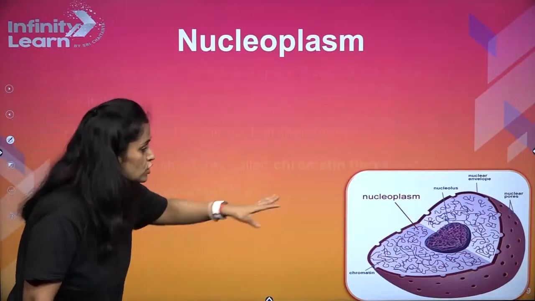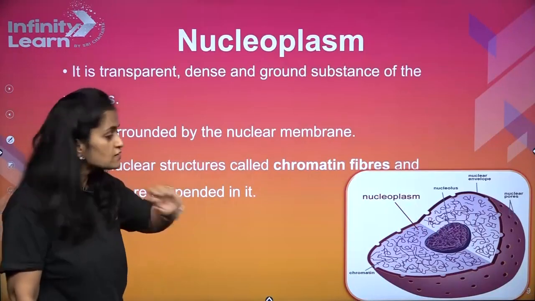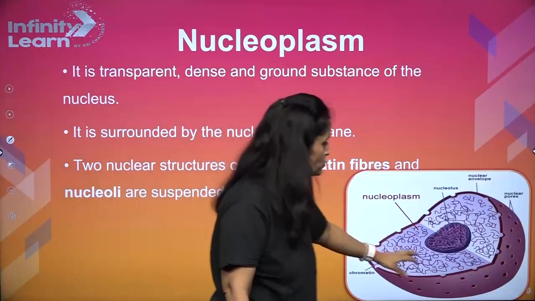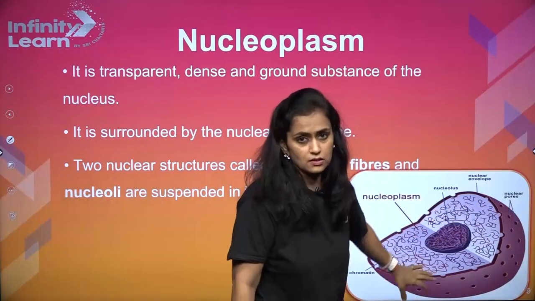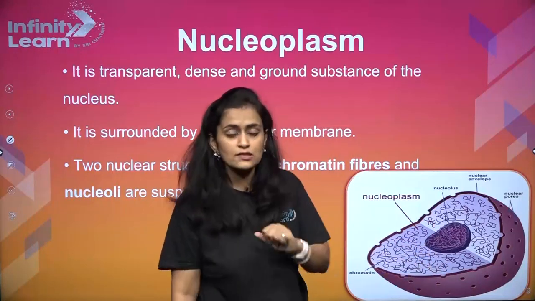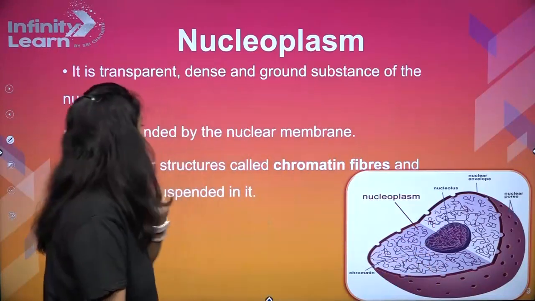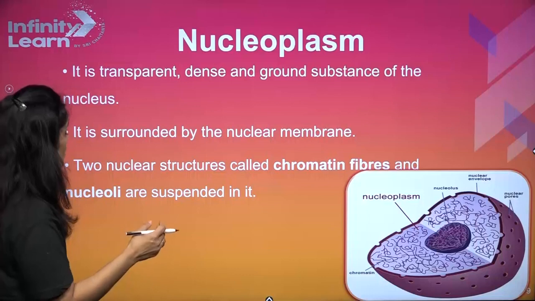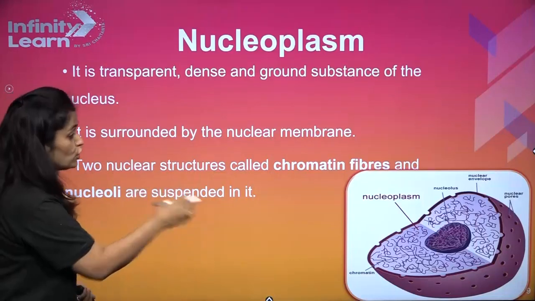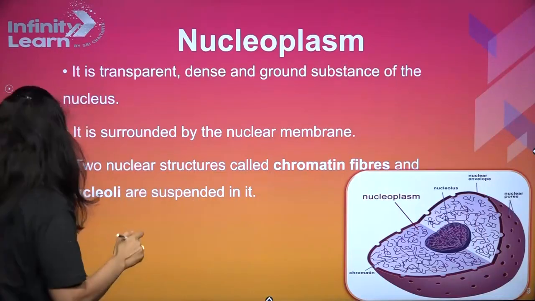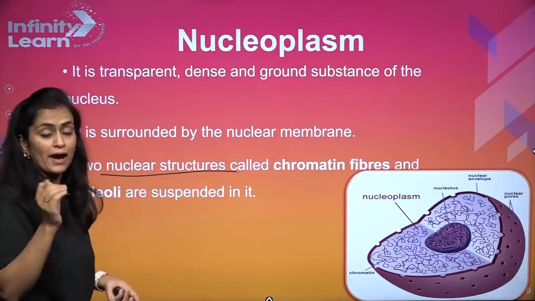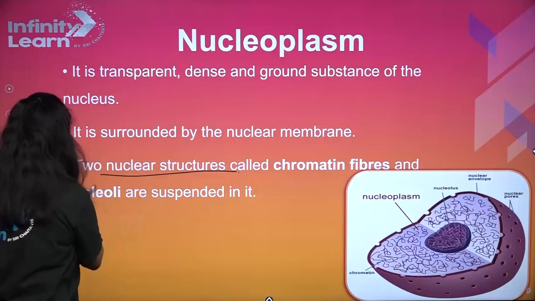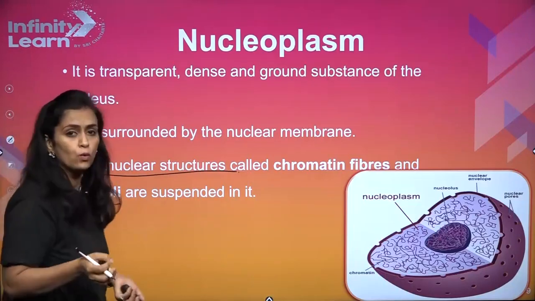Now, nucleoplasm. What is nucleoplasm? I told you, just like cytoplasm, the matrix which is present in this nucleus is called nucleoplasm. This nucleoplasm has a nucleolus and chromatin, right? So two nuclear structures are called chromatin fiber and nucleoli or nucleolus, okay?